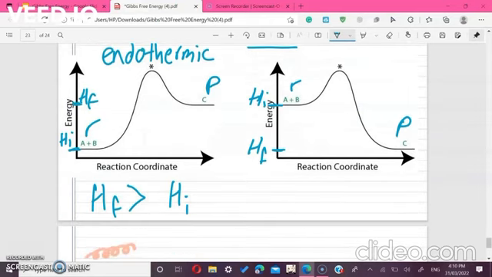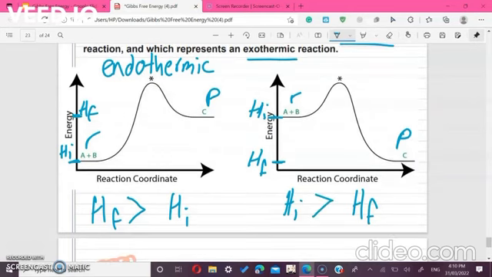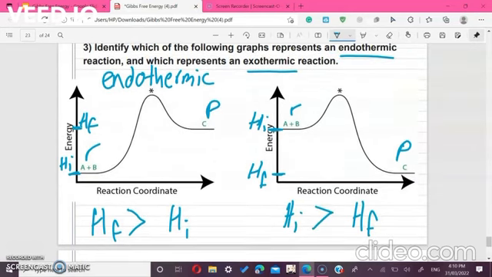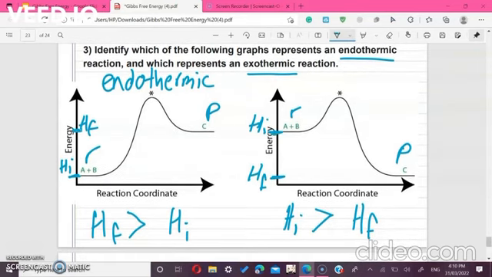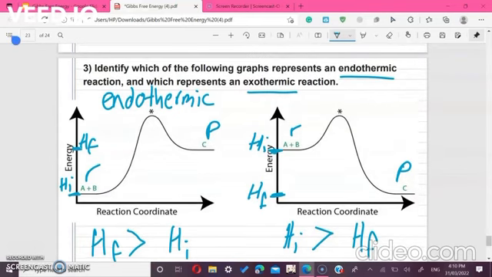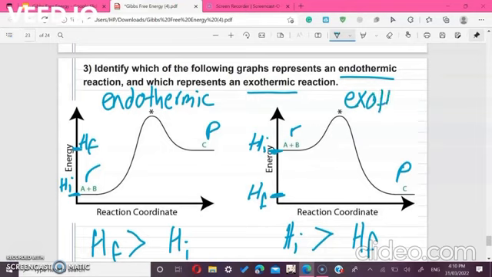Let's compare H initial and H final. H initial is greater than H final, since H initial is here and H final is here, which means that the system had a lot of energy, then it lost some of this energy. So the reaction is an exothermic reaction.